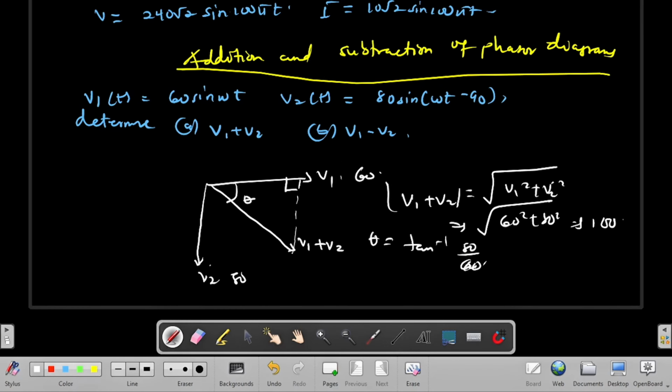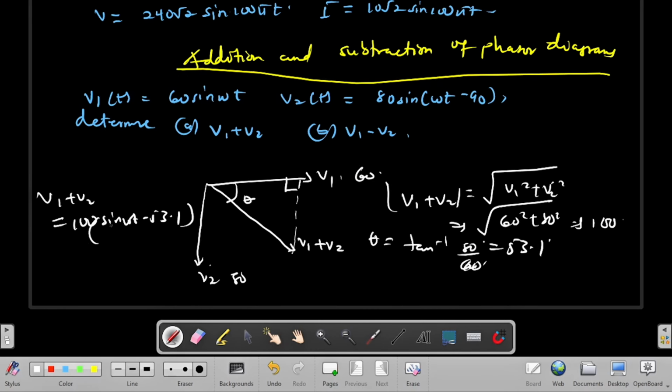Tan inverse of that is 53.1 degrees. So here we have our value, here we have our phase. So simply V1 plus V2 is equal to 100 sine omega t minus 53.1.